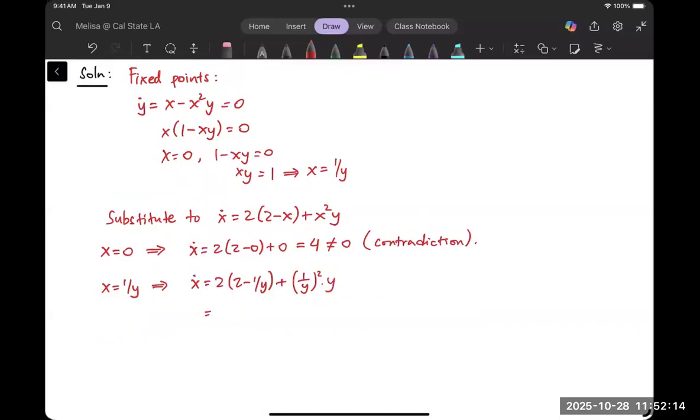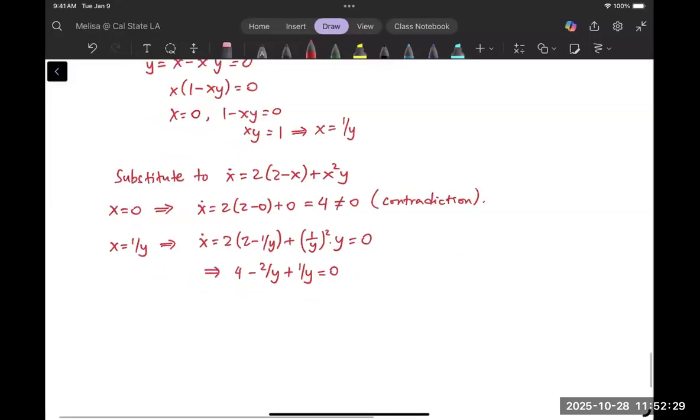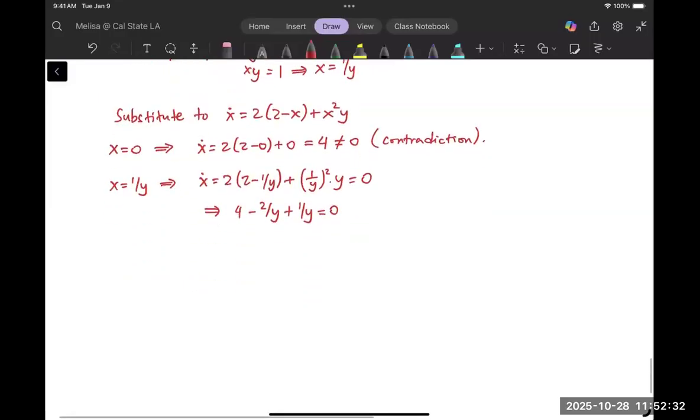So when you simplify, well, you want to set it equal to 0. So this will be 4 minus 2 over y plus 1 over y equals 0. So we have 1 over y equals 4, and y equals 1 over 4.